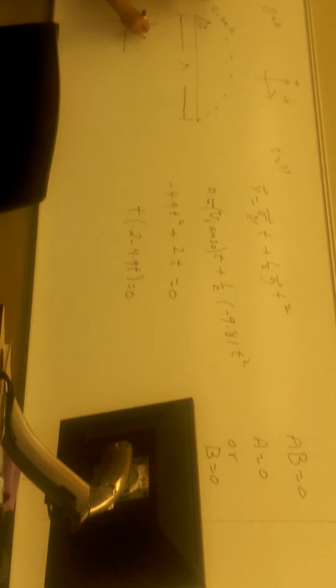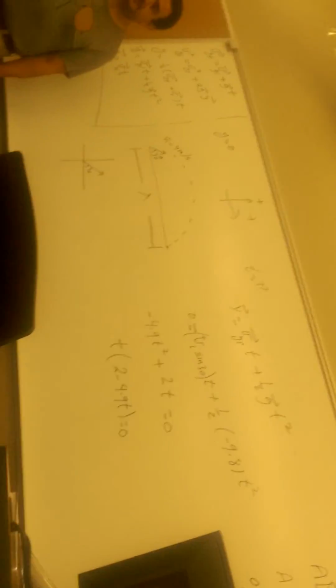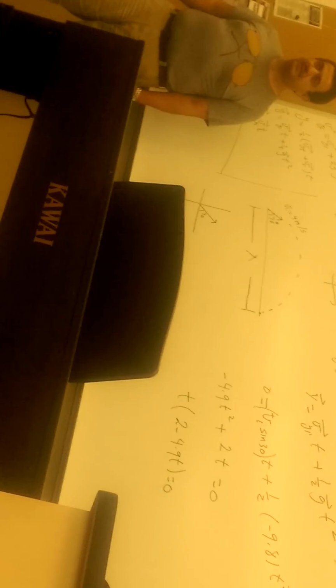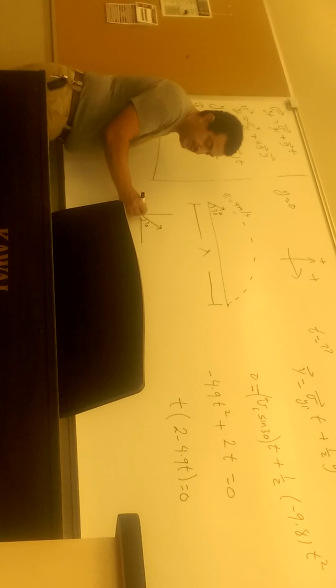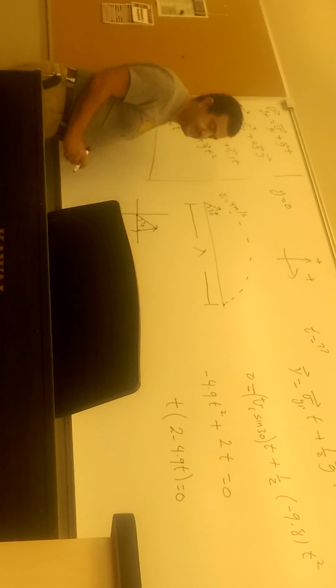How are we feeling about this? Still a little bit fuzzy on the velocity bit right here? Think of this as a vector that makes an angle of 30 degrees. Can you give me the components of this vector? Meaning, what is the x component? What is the y component? If you start from here, you're going to travel to the right a certain amount of steps, and go up a certain amount of steps.